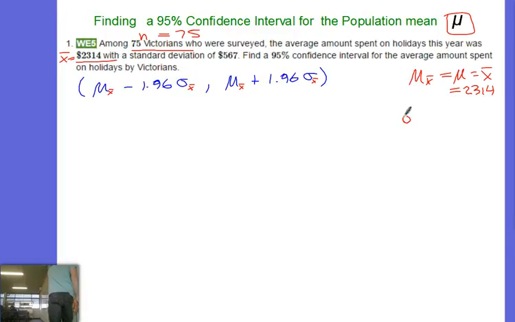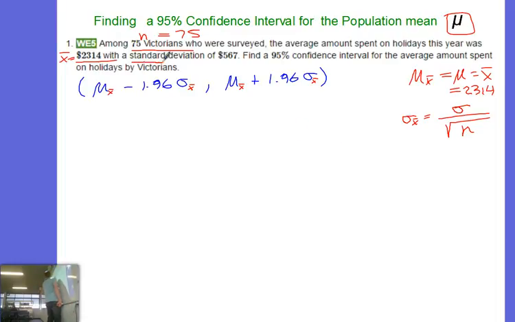Now, what about the standard deviation of the distribution of sample means? This is the formula: sigma on the square root of n. Very good. Now, do we know the actual standard deviation of the population? No. So what do we have to use as the best estimate? The sample standard deviation. Excellent.